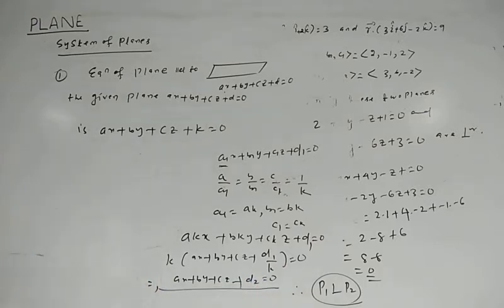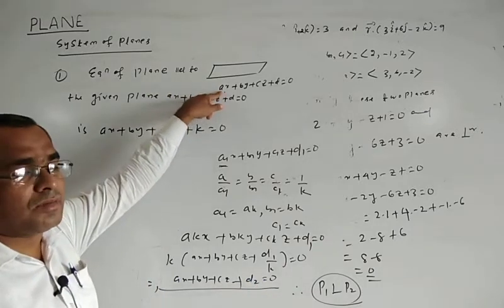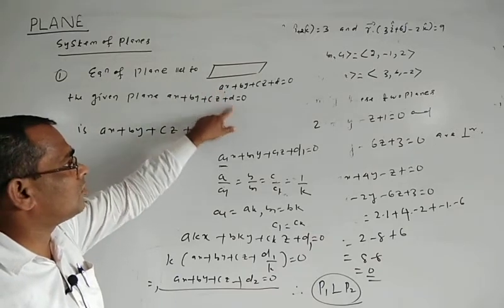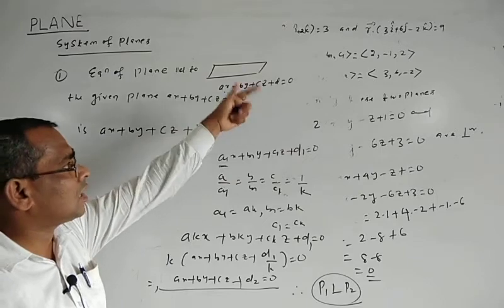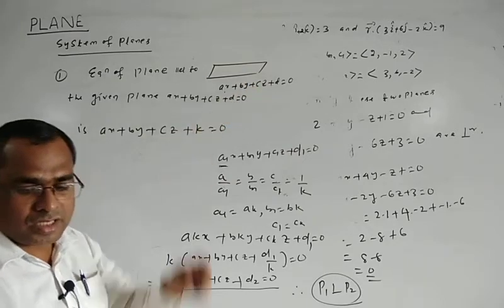So clearly this plane is parallel to the given plane, and its equation must be ax plus by plus cz plus d, where only the constant term you change. Okay.